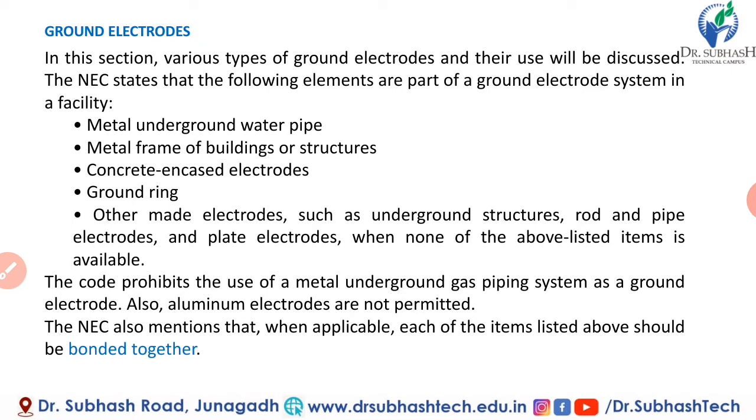Ground electrodes. In this section, various types of ground electrodes and their use will be discussed. The NEC states that the following elements are part of a ground electrode system in a facility.